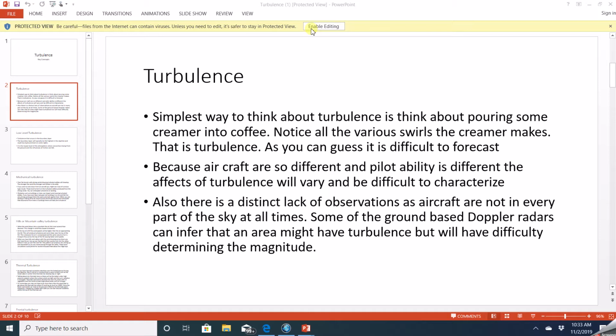I admit there's a lot out there, but there are still some areas that are missed. Sometimes some ground-based radars can pick out a few things, can infer an area that might have turbulence, but really, there's not a lot of use for it. So now that we've said all the complexities of it, what are some types?